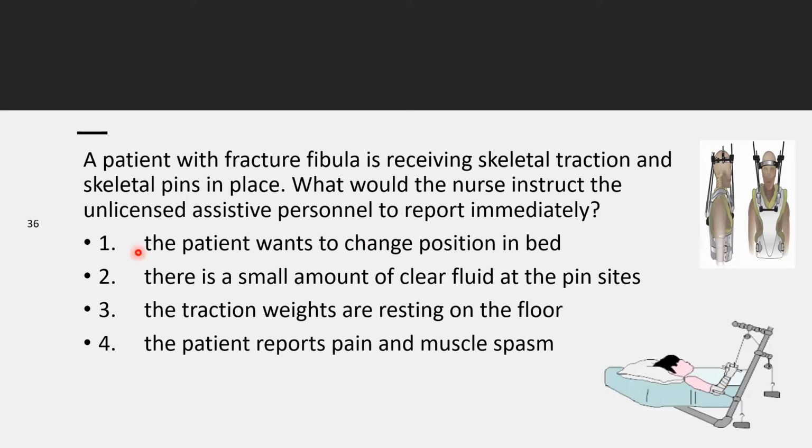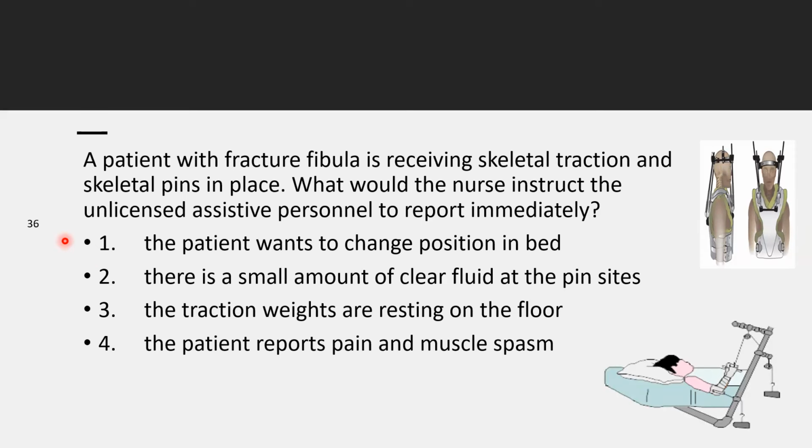Let's look. Patient wants to change position in bed. Is that normal or abnormal? Yes, it is normal. With the traction, the patient can change position. There is a small amount of clear fluid at the pin site.